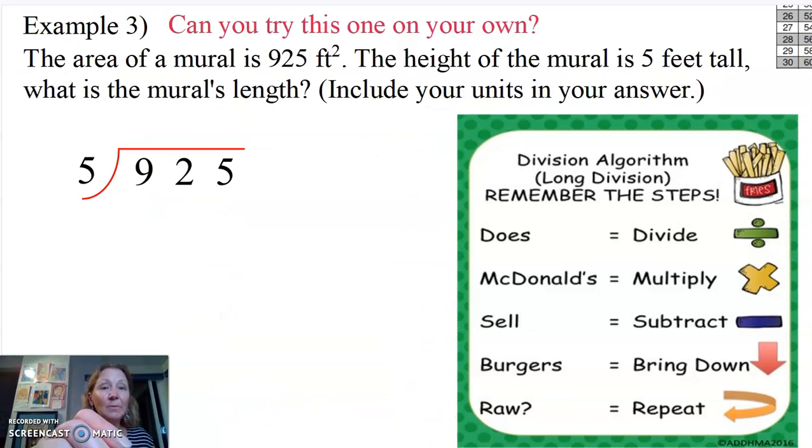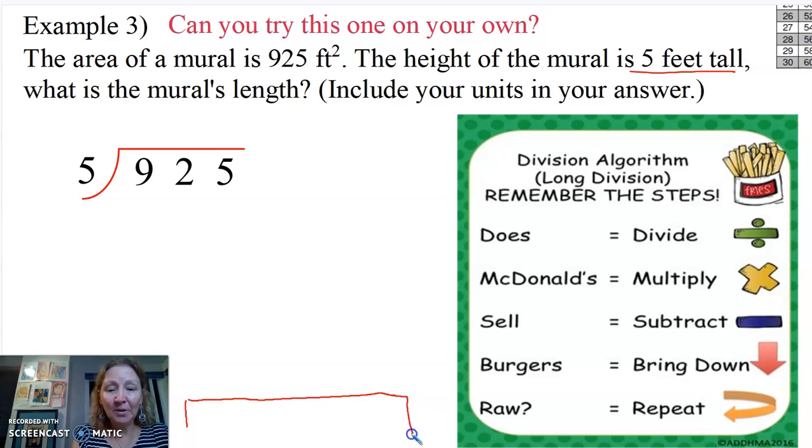Okay, let's look at one more example, but maybe you could try this one on your own. Kind of getting tricky on you. The area of a mural is 925 square feet. So I'm just going to draw a little picture. This is a weird mural because the height is only 5 feet tall. So the length, this is going to be super long.